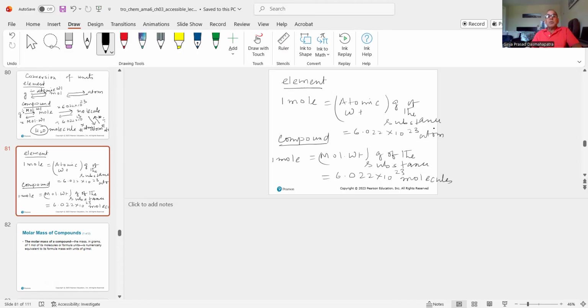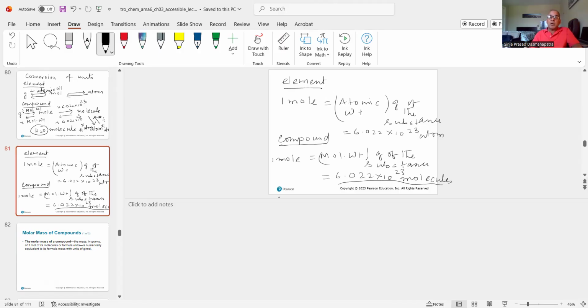Okay, so this is very similar. Only thing is that in case of element, it is atomic weight and the base unit is atoms. In case of a compound, 1 mole is equal to molecular weight grams of the substance. But Avogadro's number is the same. Only in case of a compound, this one will be molecules.